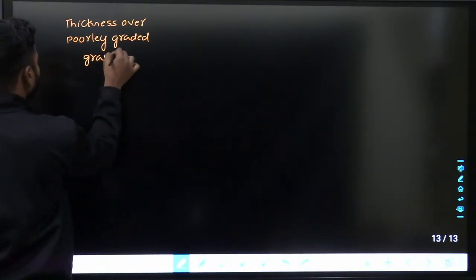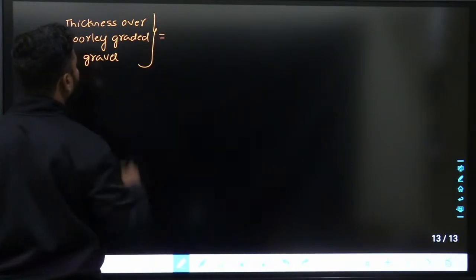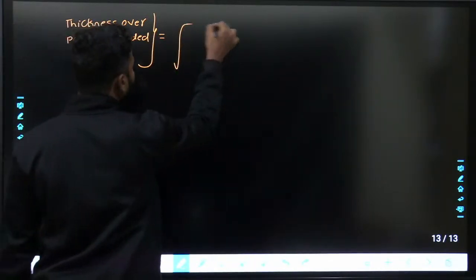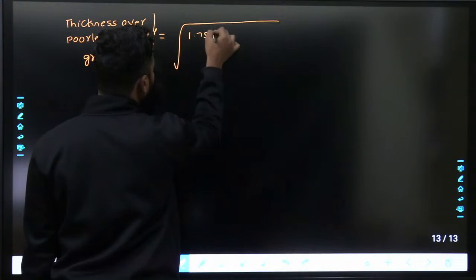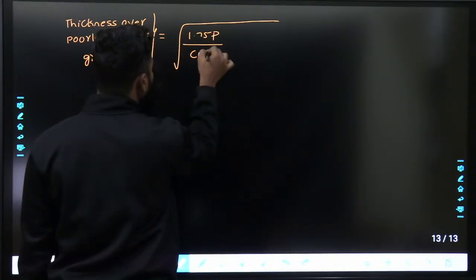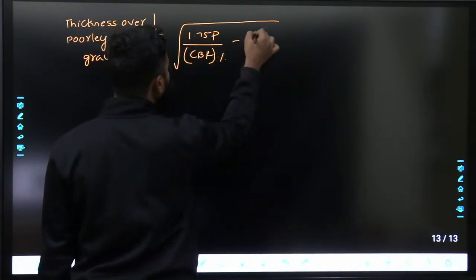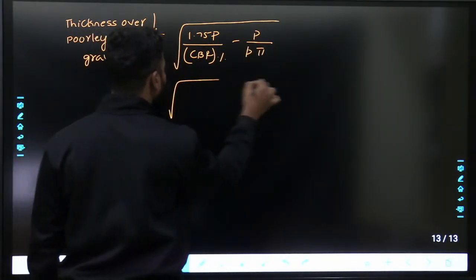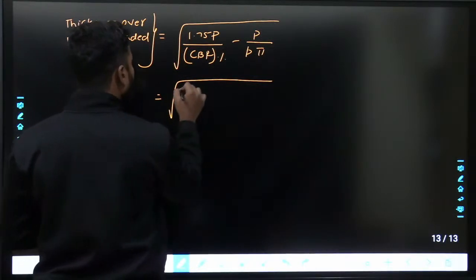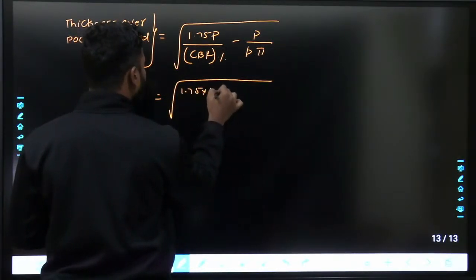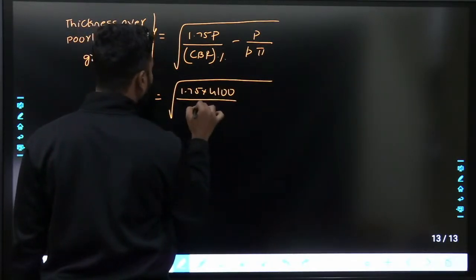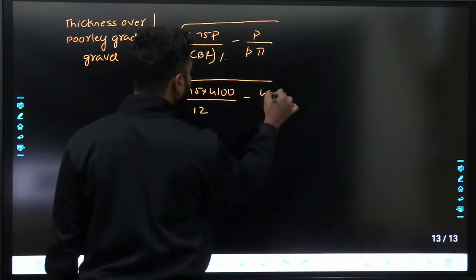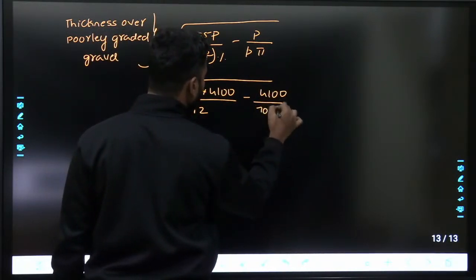That equals under root of 1.75 P upon CBR in percentage minus P upon P pi, so 1.75 into 4100 upon 12 minus 4100 upon 70 pi.